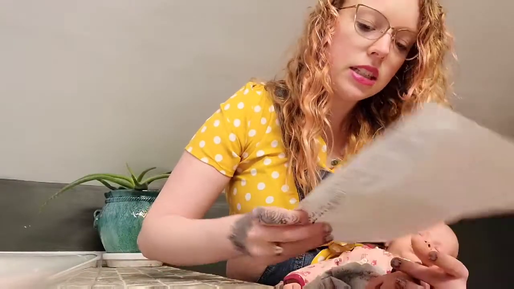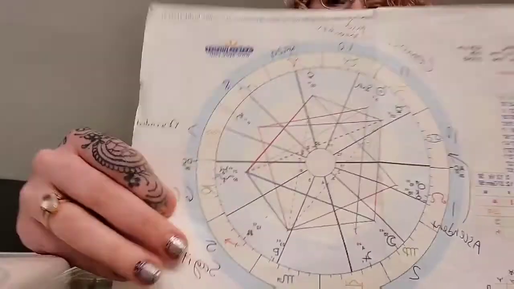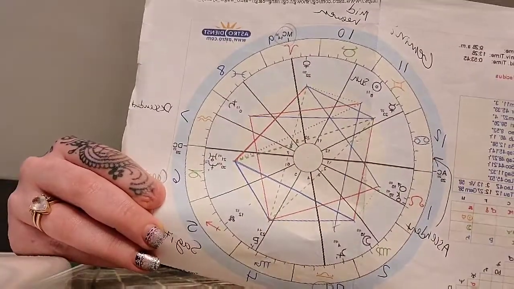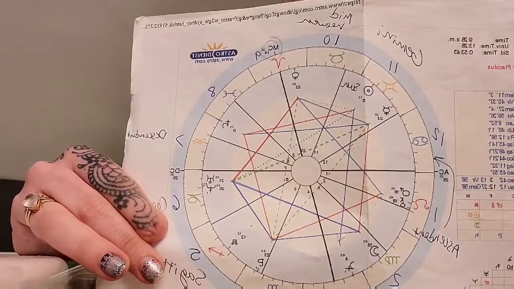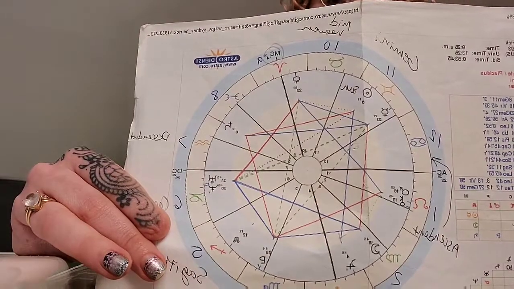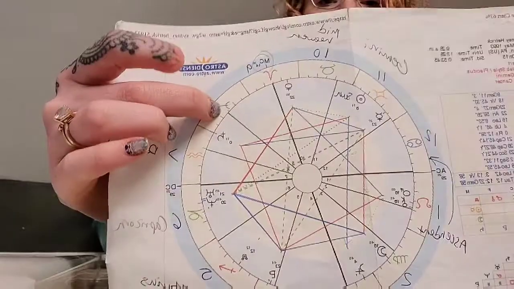And then the next thing you'll see inside is a bunch of planets, and the planet symbols are inside of the houses, and also inside of the area where you have the astrological sign.